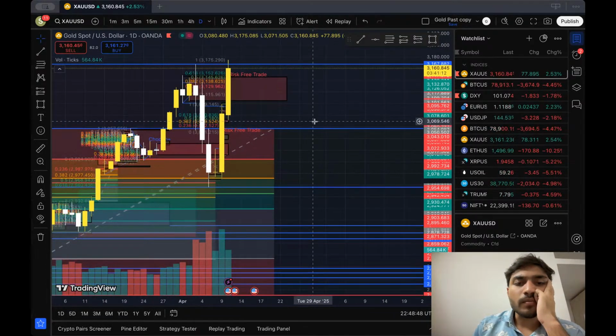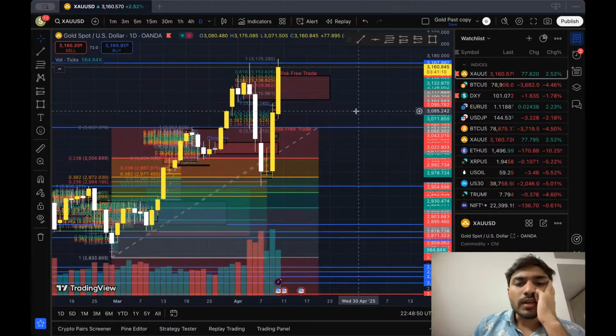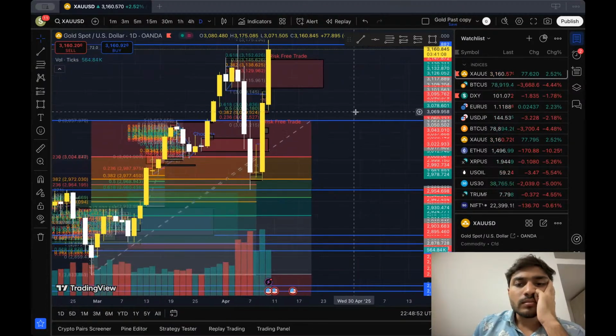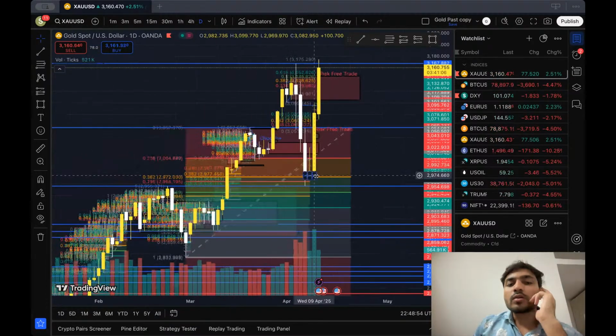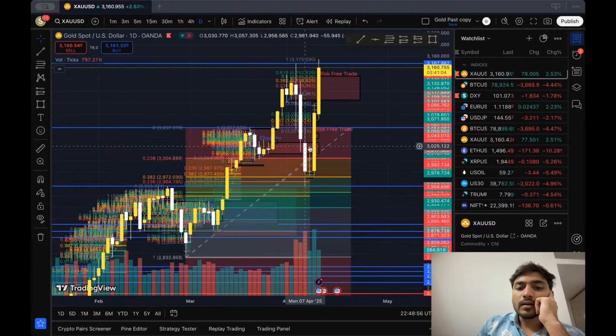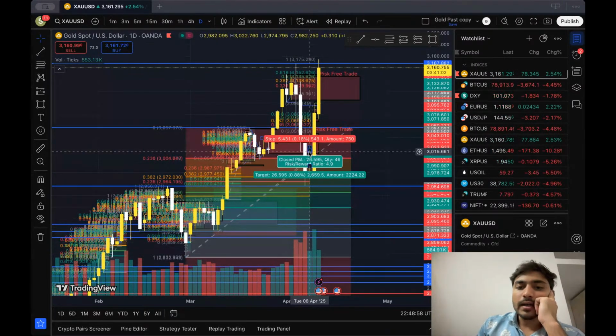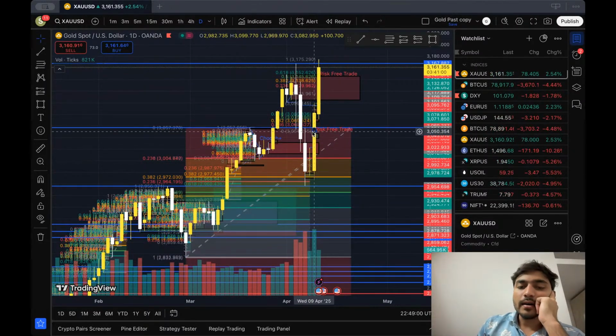Okay, let me show you what I really mean. On 8th April we had this shooting star candle, and then we had a very good bullish candle.